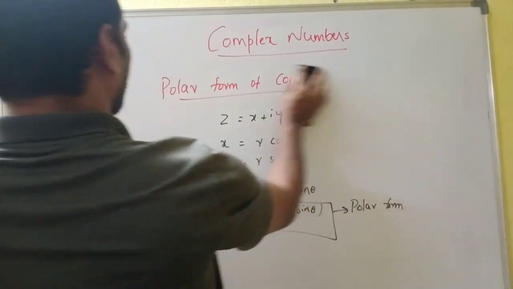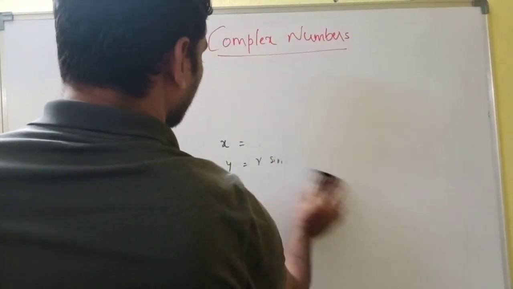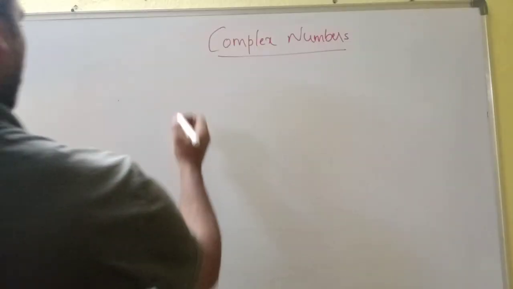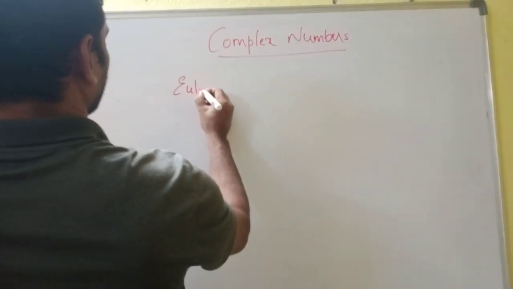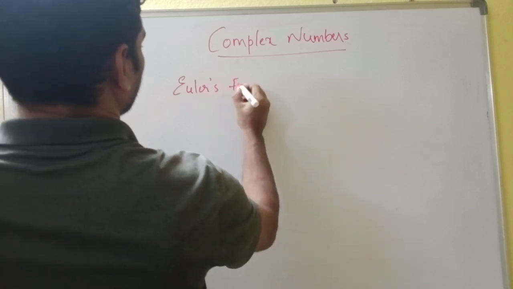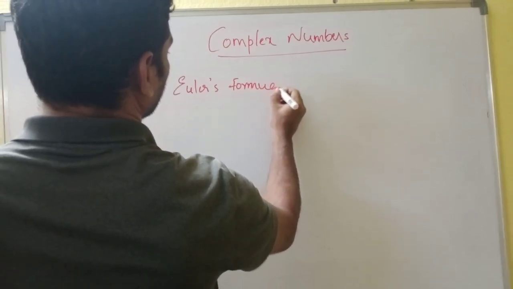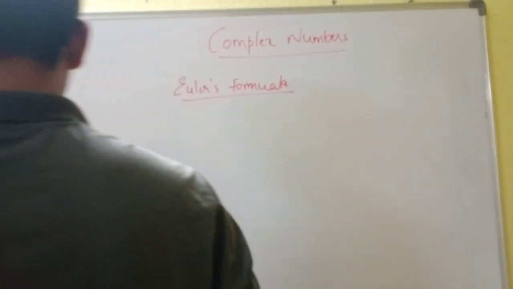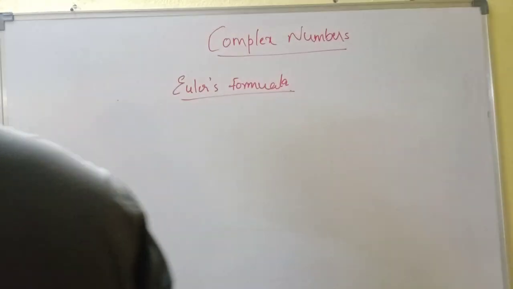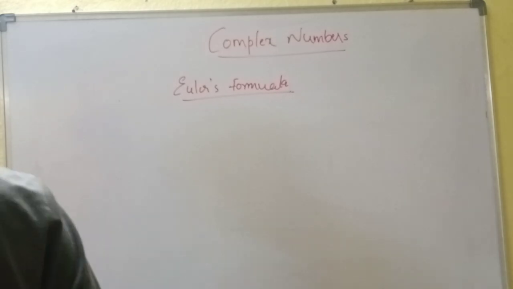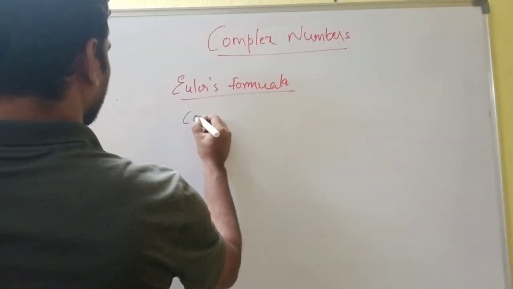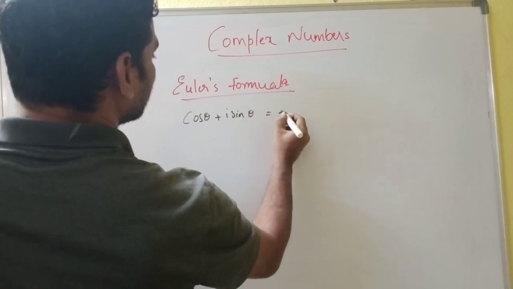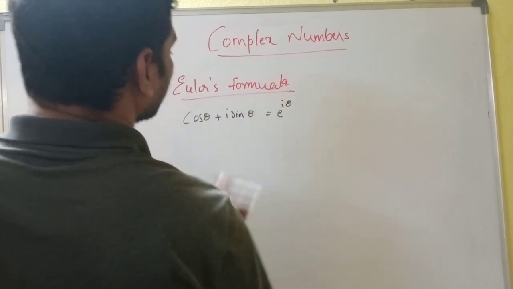Next, Euler's formula. What is Euler's formula? Euler's formula says cos theta plus i sin theta equals e power i theta.